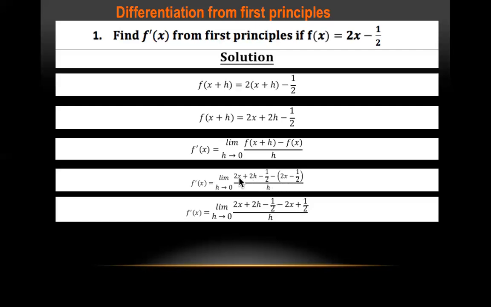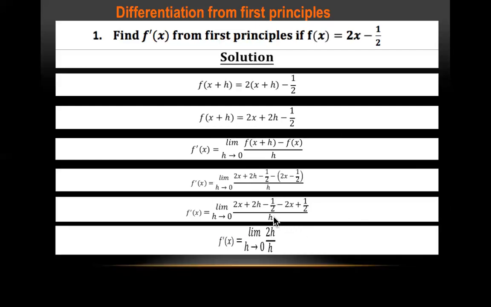Now look at it. What I'm saying is in the second step. Let us expand this bracket. Negative 1 times 2x will give us negative 2x. Negative 1 times negative 1 over 2 will give us plus 1 over 2. Now, if you look into this step, you see that 2x does not have h.